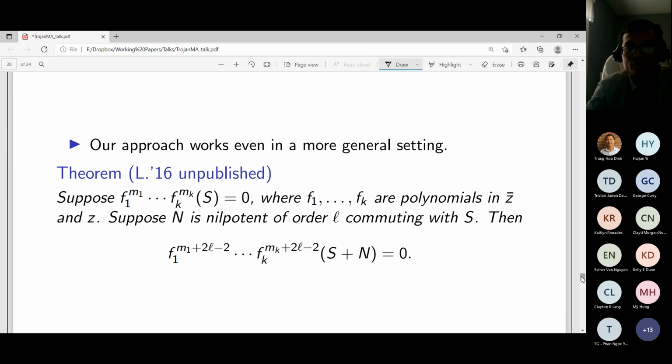So our work also gives us a result in a more general setting like this. If we begin with an operator S satisfying a certain, more complicated hereditary equation, and if N is nilpotent commuting with S, then when we take the sum S plus N, the result also satisfies a similar equation with the appropriate order.